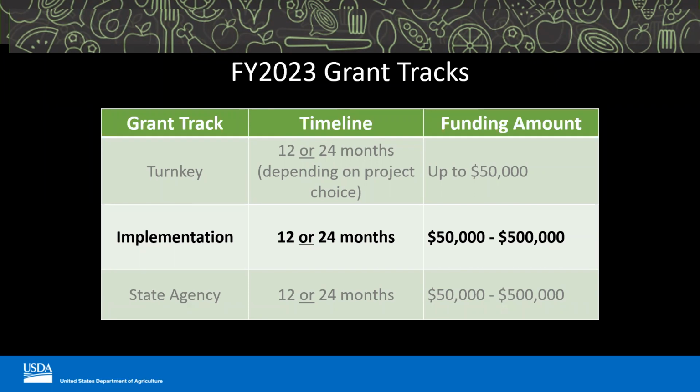If FNS cannot verify the national or multi-state scope based on the information contained in the application materials, the application may be removed from consideration. Note that as stated in the RFA, final decisions on $500,000 requests are subject to final appropriations language. Please see the RFA for more information.